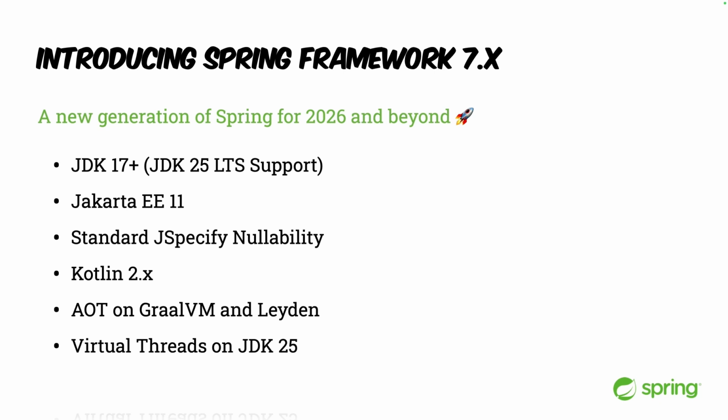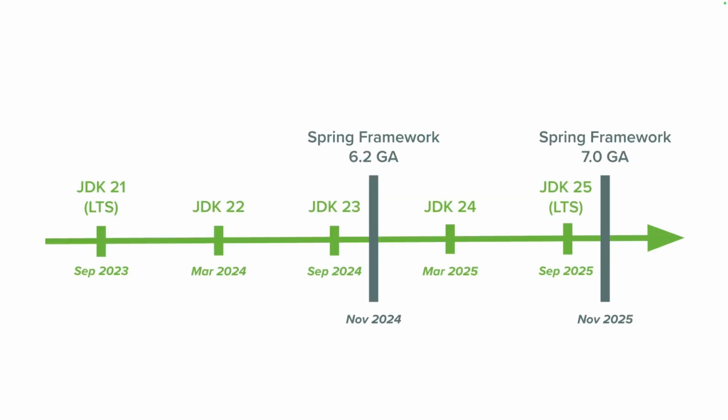So if you had a synchronized method or synchronized block, before JDK 24, a virtual thread would get pinned, causing some scalability issues. That has been fixed. So if that is something that has been stopping you from moving to virtual threads, go ahead and check that out in JDK 24.